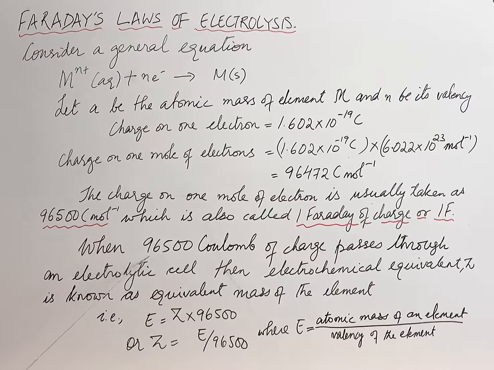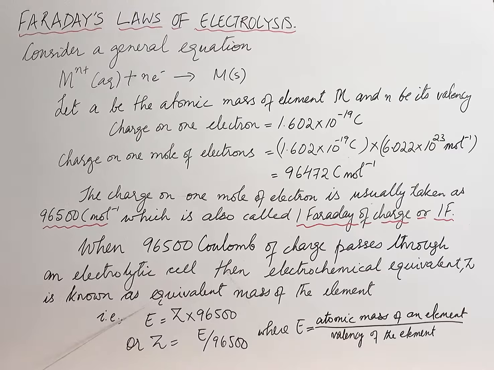So now when 96500 coulomb of charge passes through an electrolytic cell, then the electrochemical equivalent is also known as the equivalent mass of the element. So when this much charge passes through the electrolytic cell, the product of the electrochemical equivalent with this charge gives us a quantity E. And what is E?